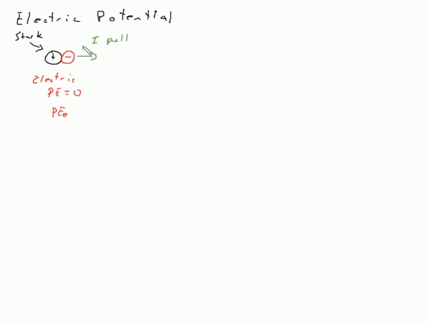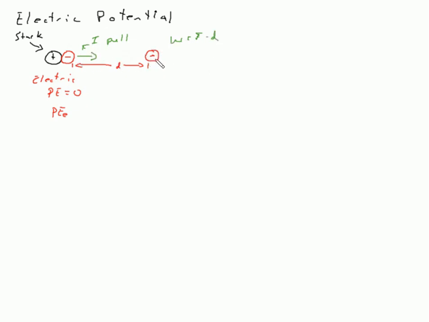I apply a force to drag this negative charge back out across over here. When I do that, it moves a distance in that same direction. So by pulling it, I've applied a force over a distance, and that's just work. Work is force times distance. So I've done work to this negative charge.